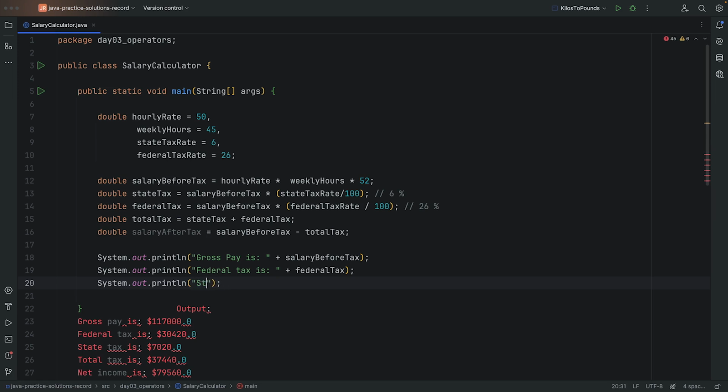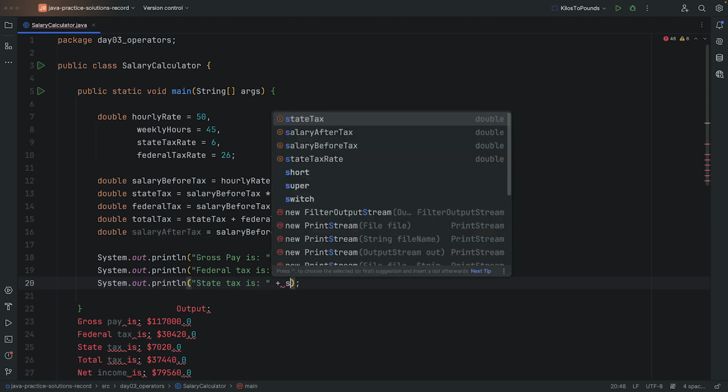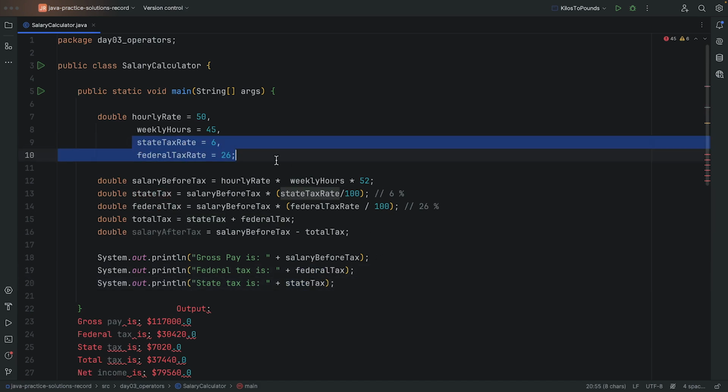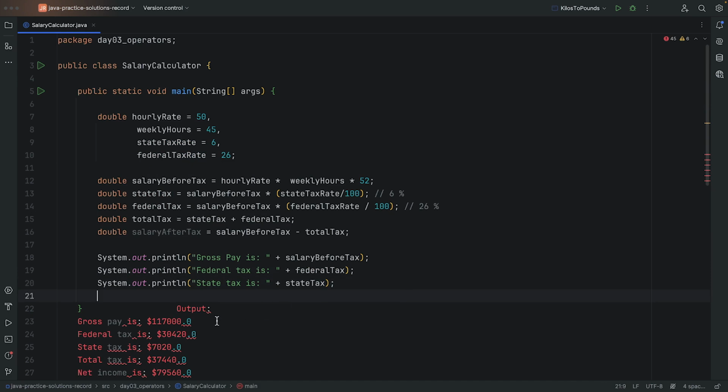So the state tax is, and we will concatenate our amount of the state tax. Ooh, not rate. Let's be careful with our variables, right? I put rate here. I actually want this variable, state tax. Right, so I want the actual tax amount, not the rates that I declared in the beginning.